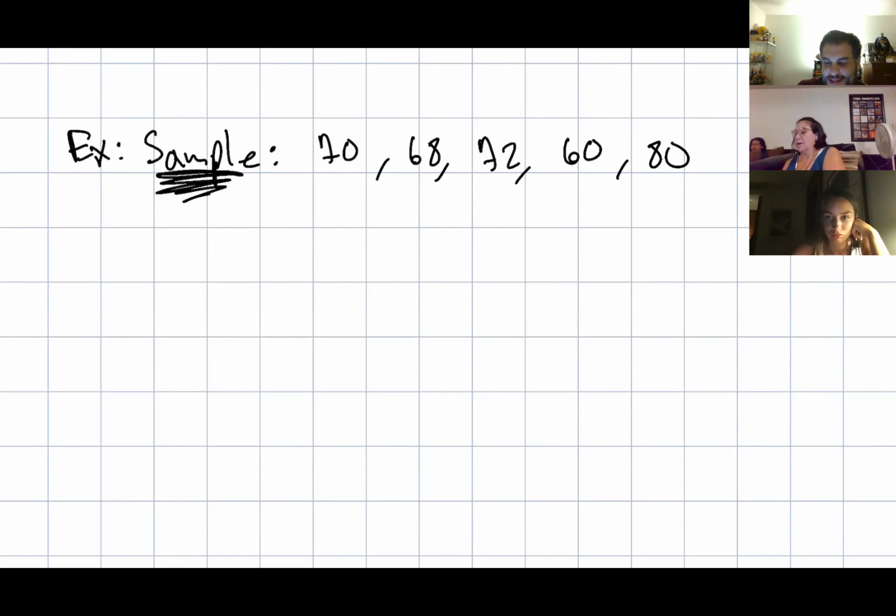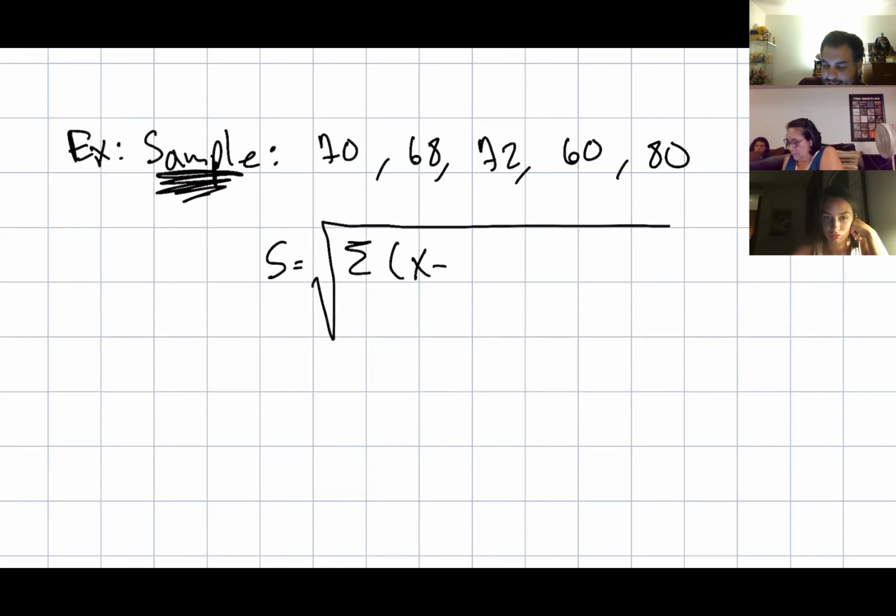Since it's a sample, you want to use the formula S is equal to the square root of the summation of (x minus the mean) squared, divided by n minus 1.